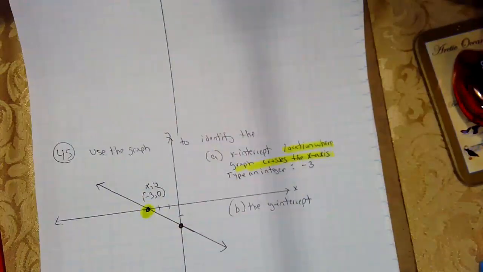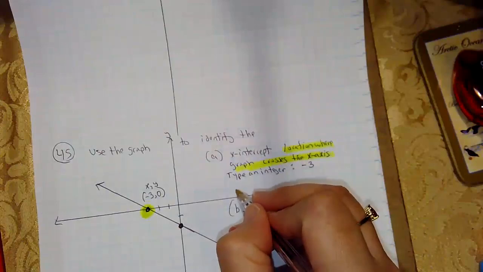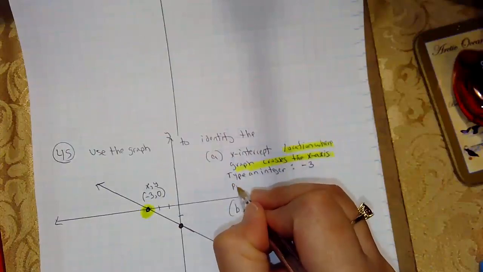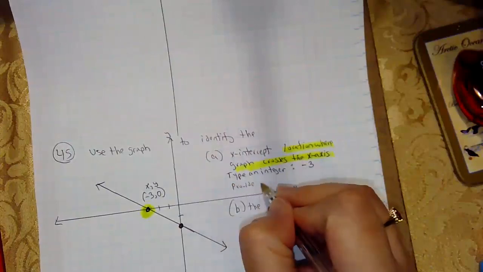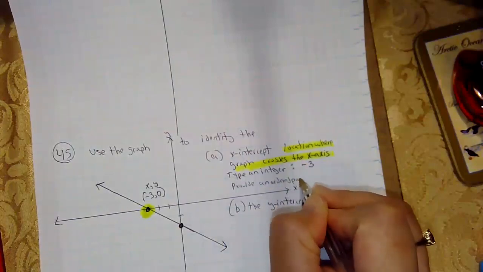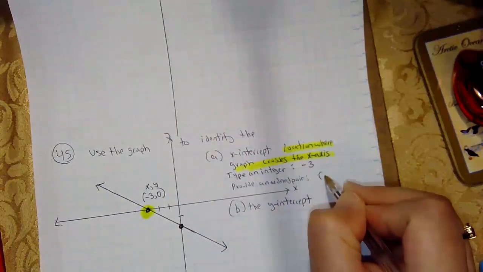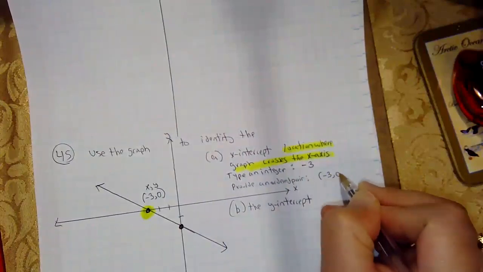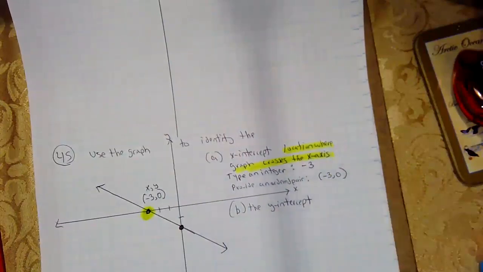Okay. If they wanted you to provide an ordered pair, then which is what teachers like is -3, 0. But of course, if they have directions and they say, like this one says, type an integer, then they don't want the ordered pair, they just want the integer.